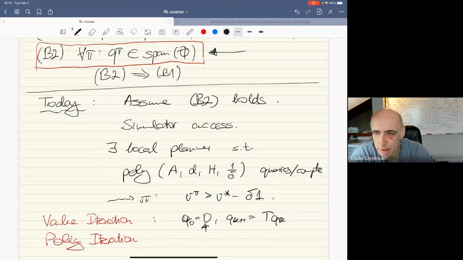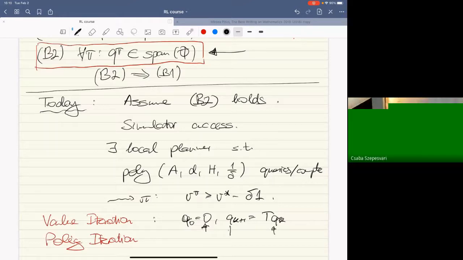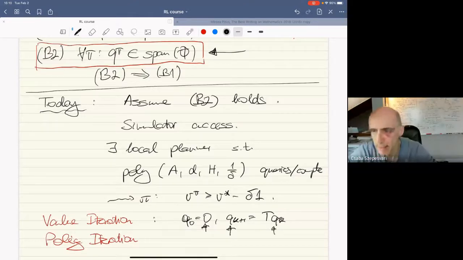If you wanted this computation to succeed in a compressed form, right? So that would mean that, well, if this was compressed, we should be able to compress this. Well, this is nothing but the closeness of the span of features, or the invariance of the span of features under the action of the Bellman operator.